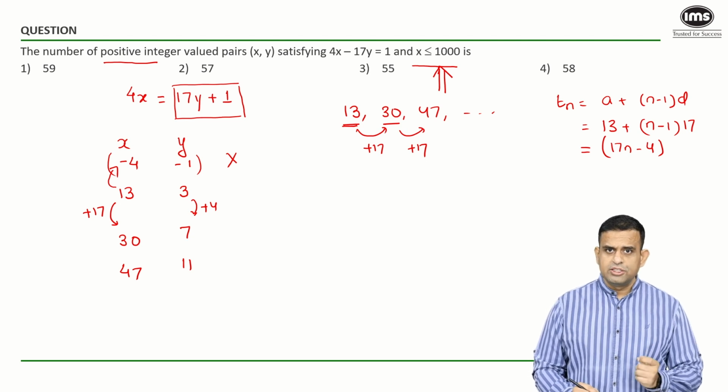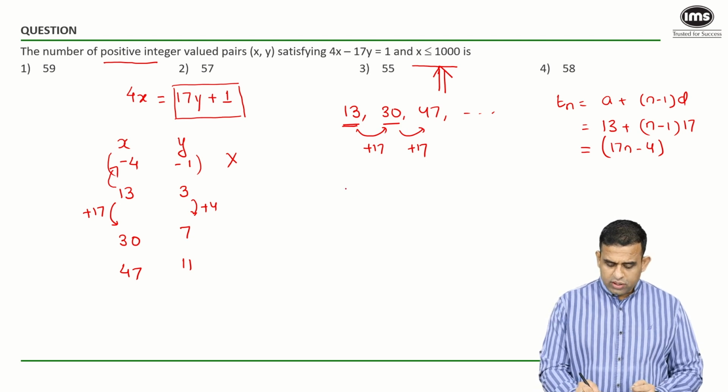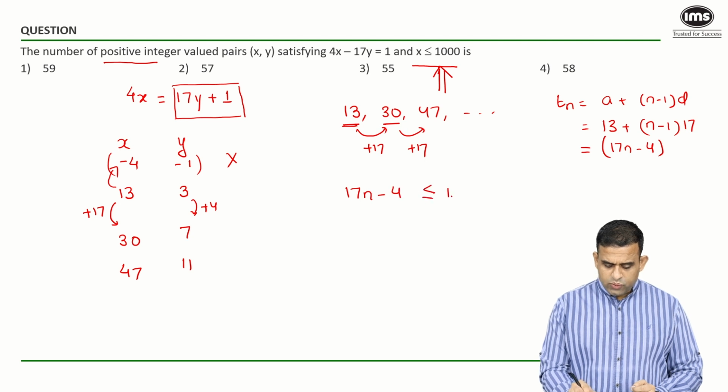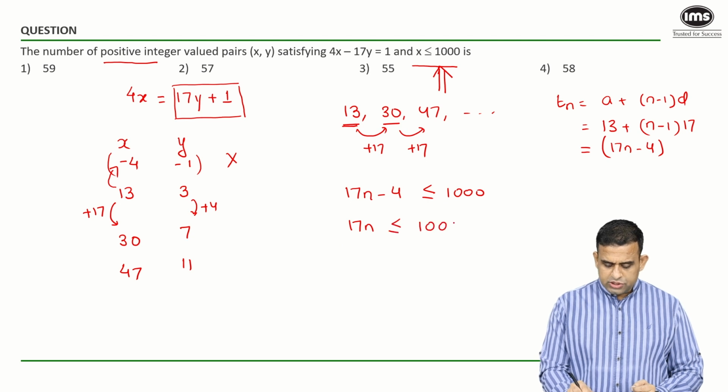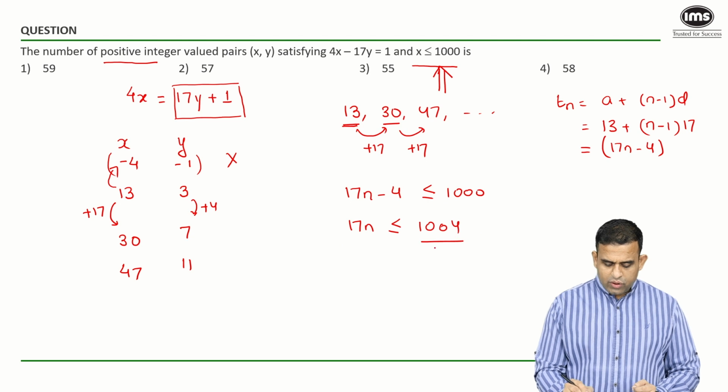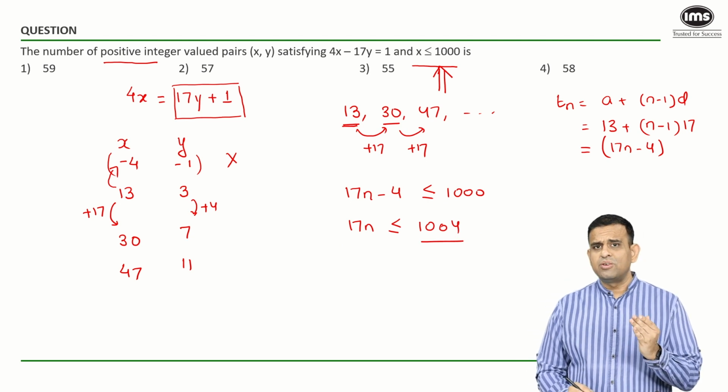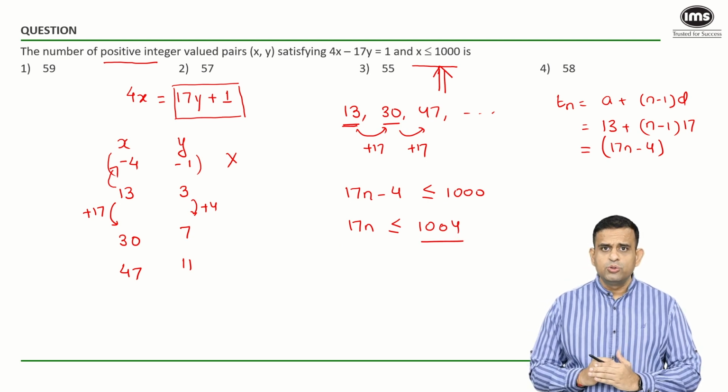So what you want is, for this particular sequence, the nth term, which is 17n minus 4, must be less than or equal to 1000. So the term 17n must be less than or equal to 1004. Now clearly one knows 17 times 60 is equal to 1020.